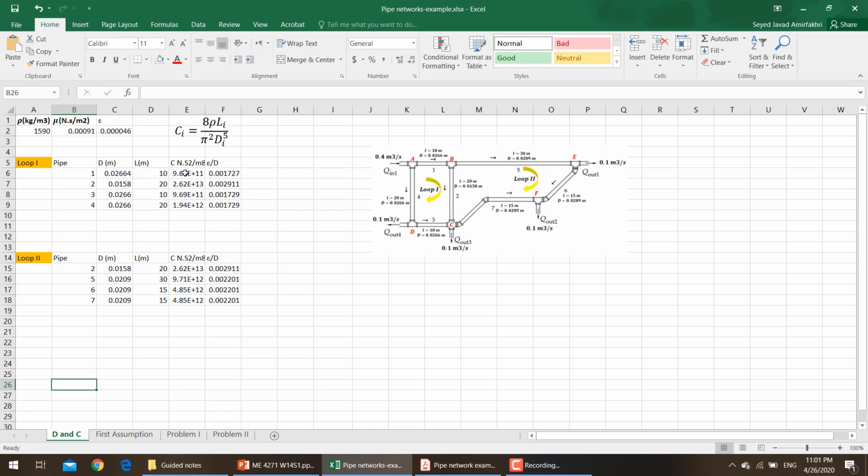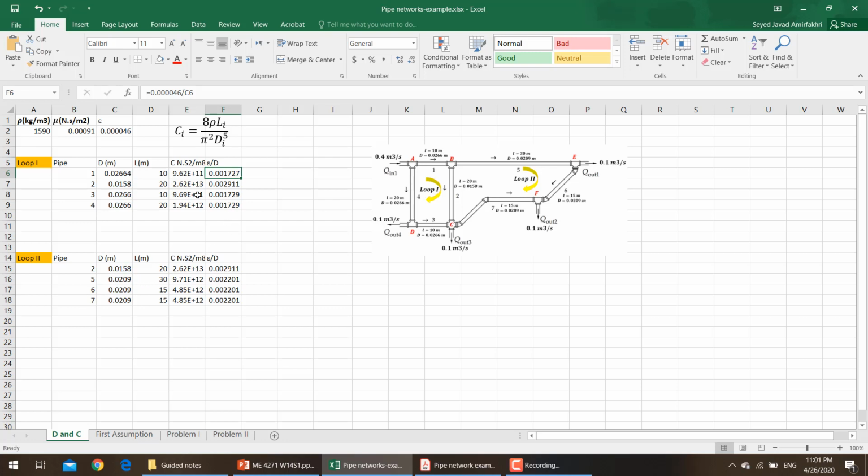Keep in mind that the C value is constant for all calculations, because C depends on the density, length, and diameters, and all these parameters are constant. Then you can find the relative roughness. Again, relative roughness is a constant value, because it just depends on epsilon and diameter, which are constant.